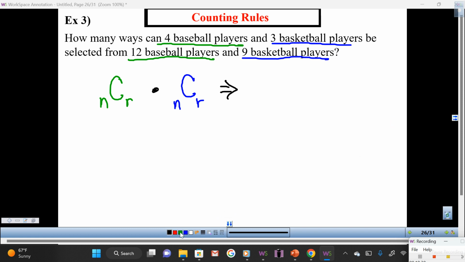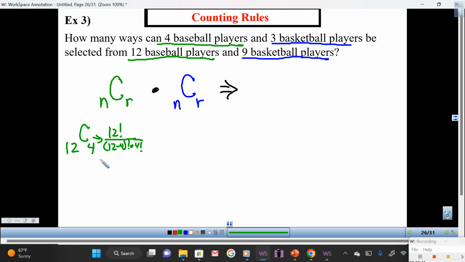All right, let's see. Amy, help me set up the one for the baseball players. What do I write? 12, okay. All right, so that is factorial over factorial times factorial.